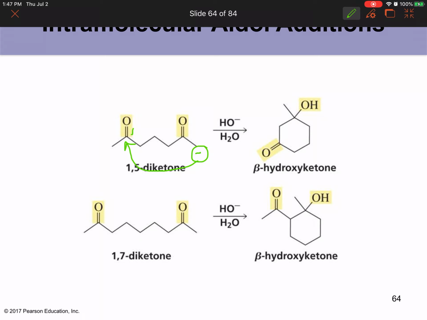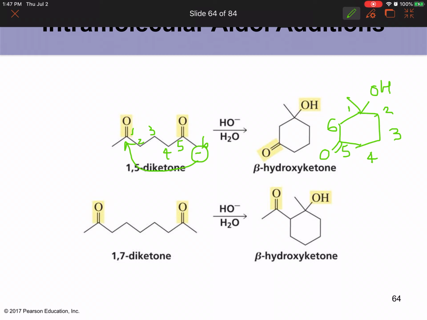If I number them 1, 2, 3, 4, 5, 6, it's a 6-membered ring. That's going to be number 1, and then 2, 3, 4, and on the 5th one you have a carbonyl group, and 6 and 1 made the connection.